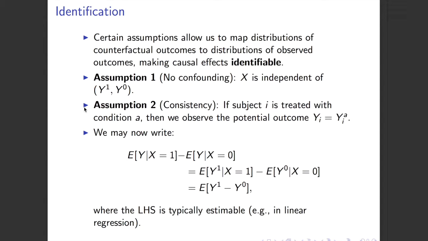And we can remove the conditioning on x by assumption 1. So we have some sort of function from a parameter of a model of observed things to a parameter of a model of counterfactual things. So we just have to estimate the observed stuff, the conditional expectation that could be observed.